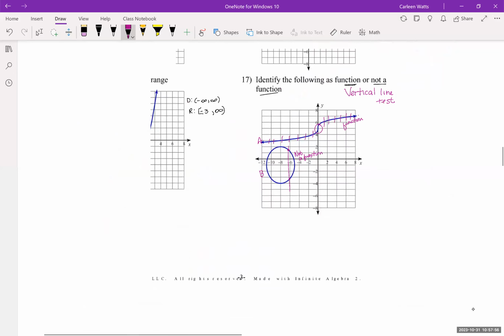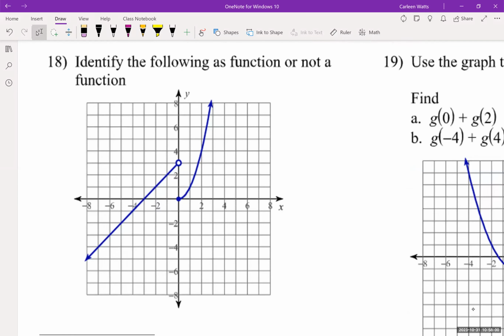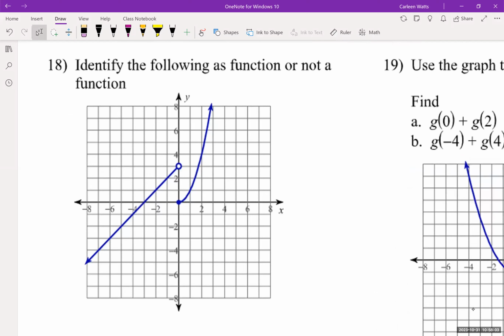Okay, how about number 18? Function or not a function? Can we see that it's a function? Yeah. Now, this is really important when it comes to piecewise functions.